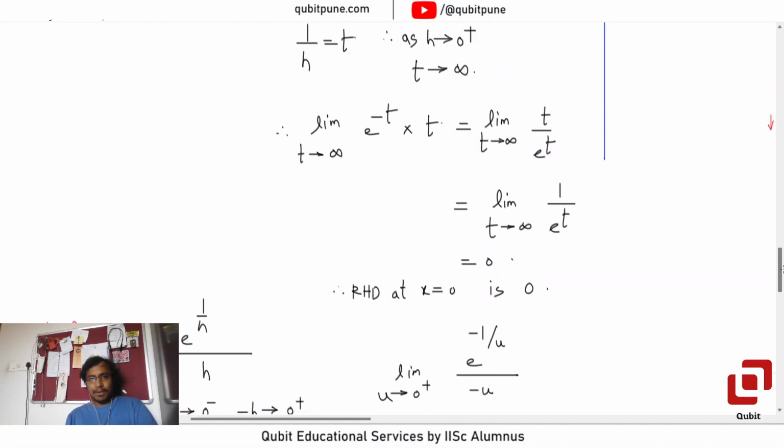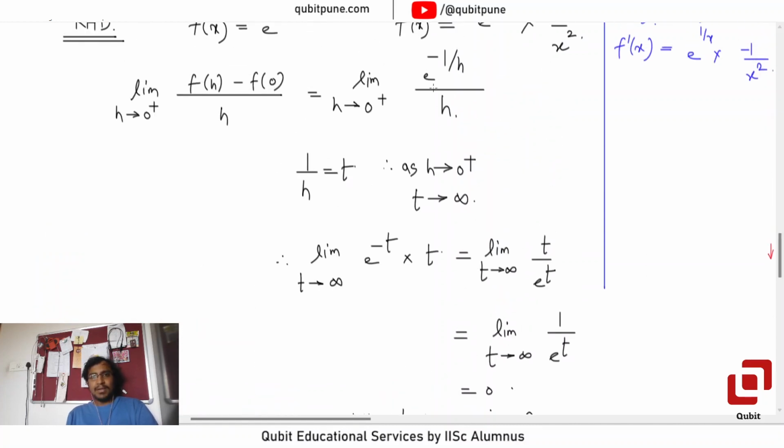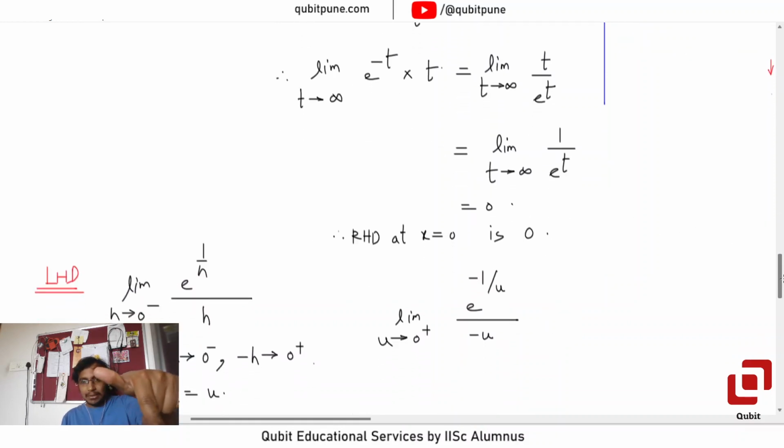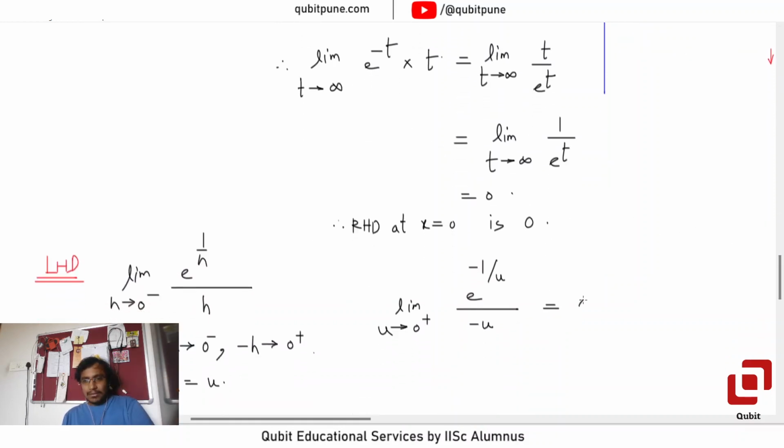But see, one of our limits here is exactly the same thing, e raised to negative 1 upon h, and that limit was 0. So this will also be 0. So both LHD and RHD are 0. Okay, so differentiable at 0.